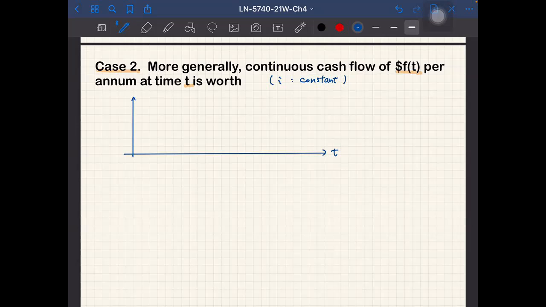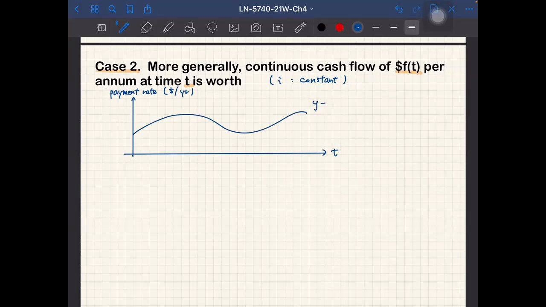So here is t, and this is the payment rate f of t, dollars per year. Now this changes over time, like this. So this is y equals f of t.